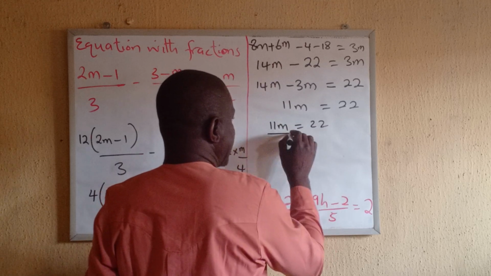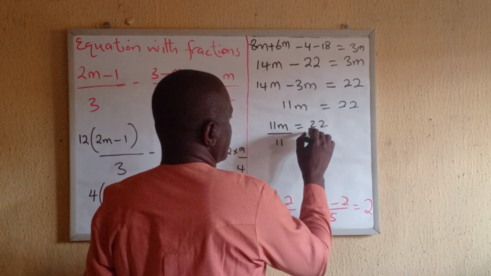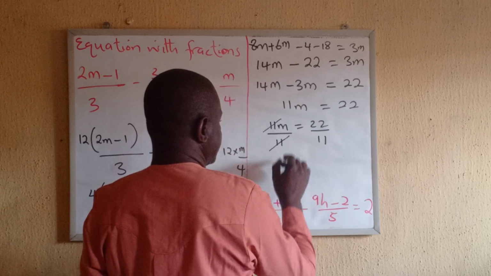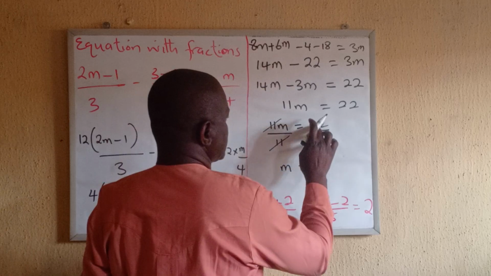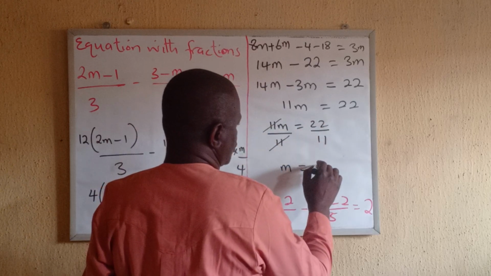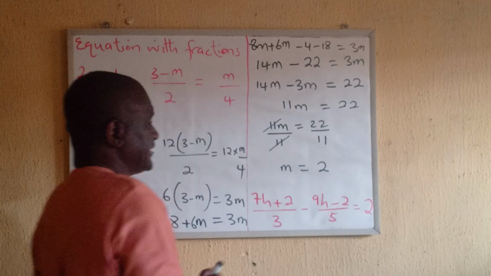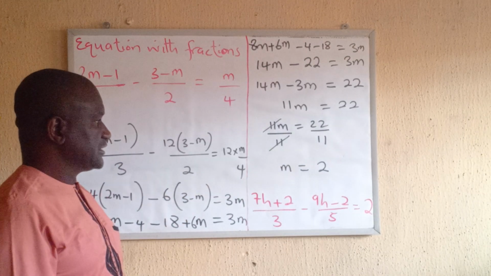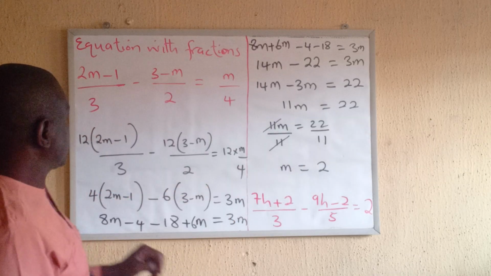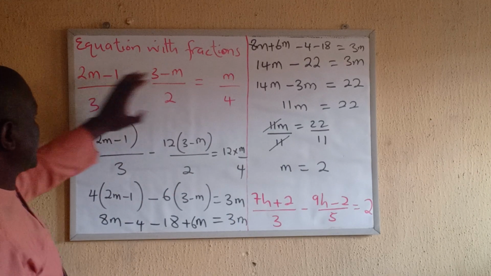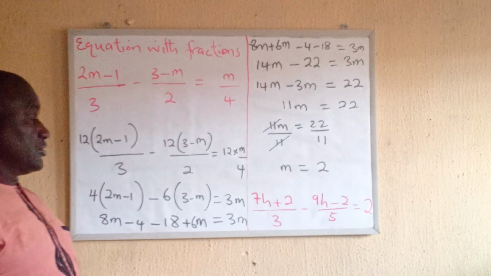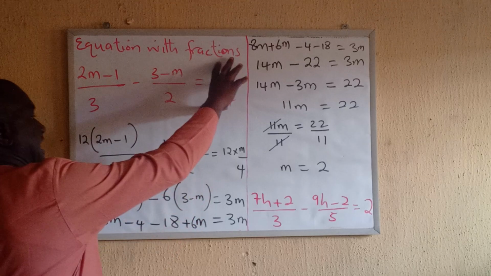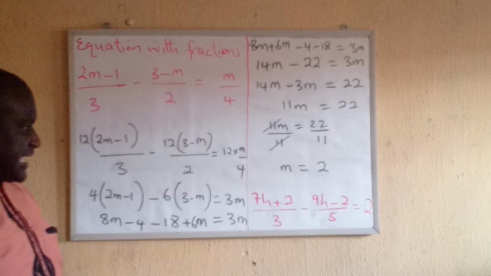Then I'm dividing my left hand side by 11, and I'm dividing now my right hand side by 11. So this 11 will cancel this 11. So my m is equals to 22 divided by 11, which is 2. So that means mathematically, the unknown, which is m here, is 2. And when this value m is substituted, is replaced here, and you do it very well, you'll discover that the left hand side will be equals to the right hand side.